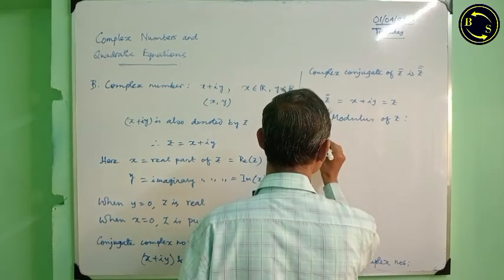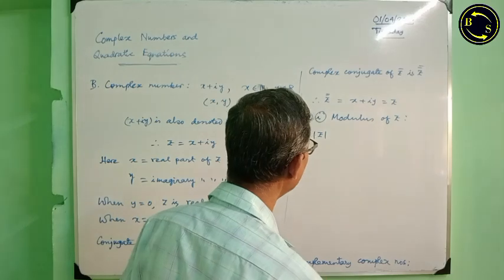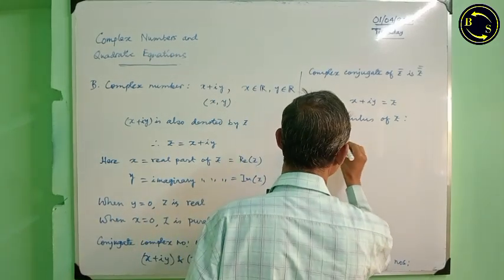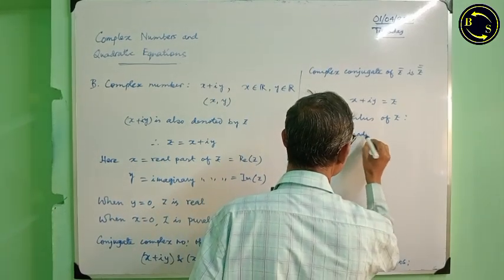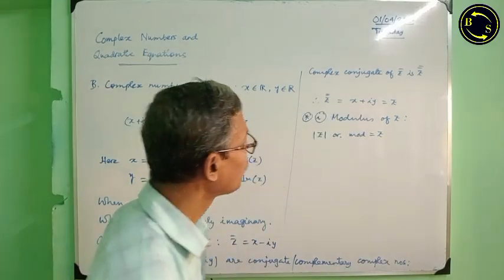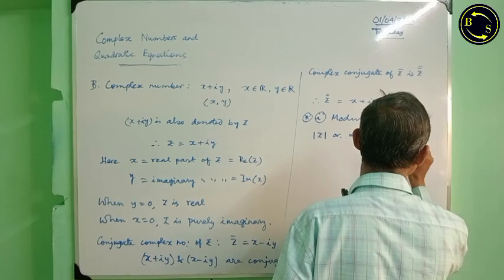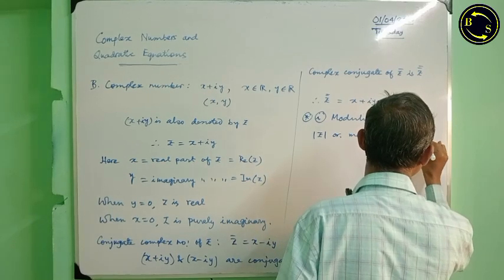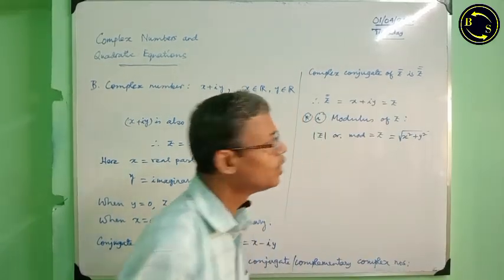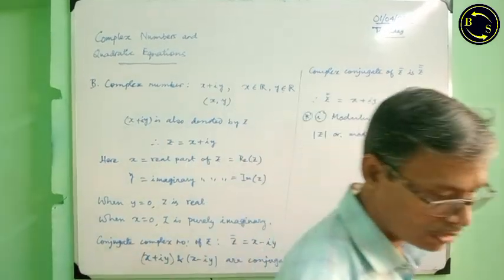The symbol is |z|, and that is equal to root over x square plus y square.